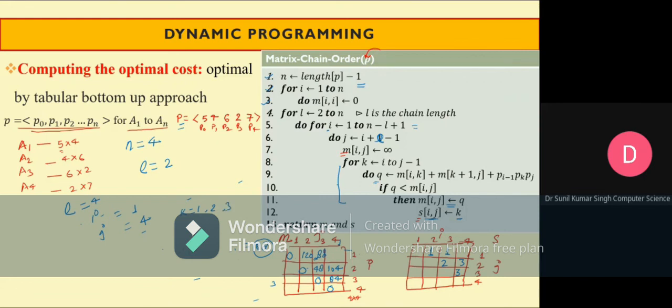This loop will iterate 3 times, and you will get 3 values of q, one for k is equal to 1, another for k is equal to 2, and another for k is equal to 3. These 3 values of q will be computed with the help of this expression.